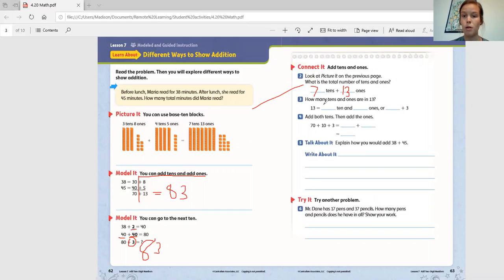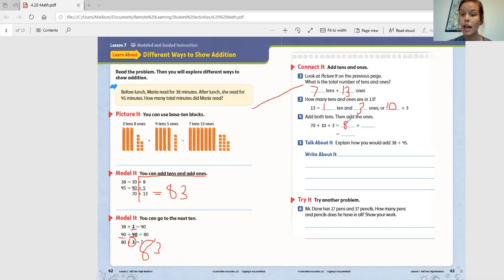All right, you should be in pause now. So we're going to do 13 as 1 10 and then 3 ones, or it is 10 plus 3. This should be super easy for y'all. You all are rock stars at place value. All right, now down here, you're adding both of the tens together. So we had our 7 tens right here, but we had one more 10 right here.